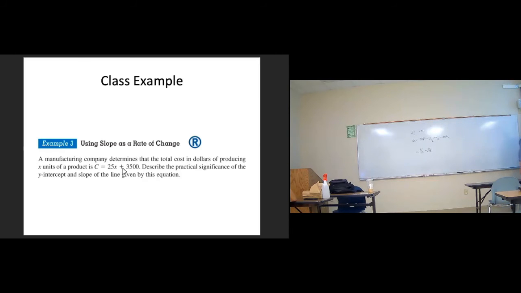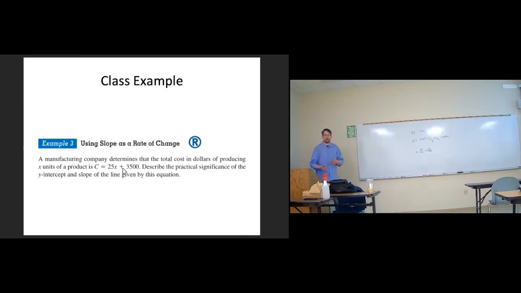So our X is going to be the number of products, and C is going to be the cost of that production line. What we're saying then is that per number of products we're producing, each of them have a certain cost associated with that, plus whatever the initial startup cost is. In this case, $3,500. So what our slope is doing is acting like a conversion between the number of products to the amount of money it costs. So it is in fact a rate of change there.